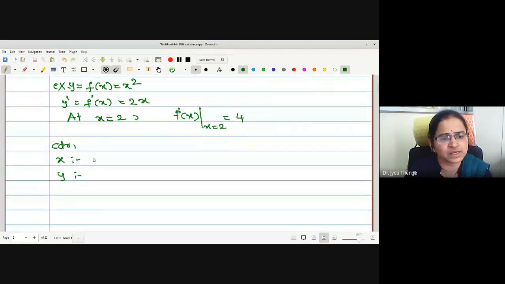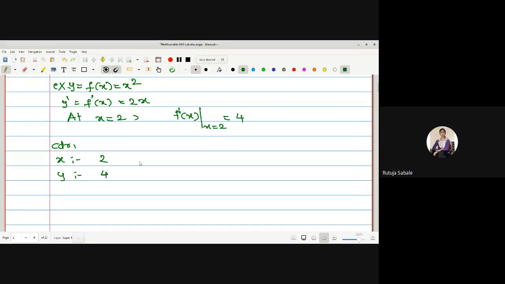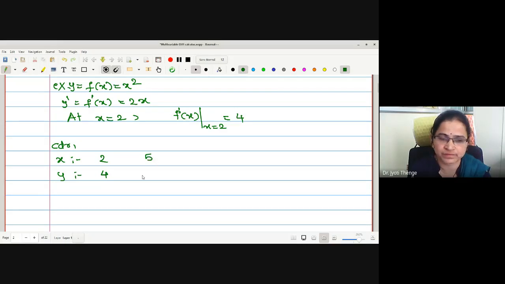y equal to f of x. Therefore, let us write x and y values. If I take x value 2, what is the y value? 4. If I take 5, this is 25. Now we want to check whether the change in y is 4 times the change in x or not.